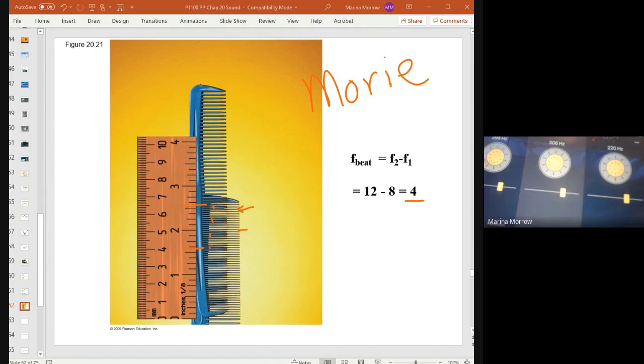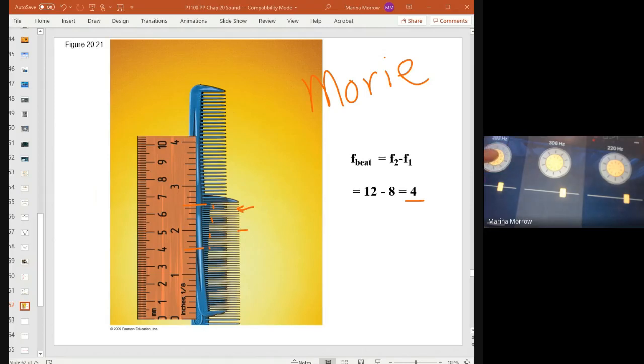The further apart they are, then the more beats per second you hear, until they're so fast that you can't really count them well anymore. Okay, so now they are like 100 apart. So that sound would be a cycle of 100 hertz.